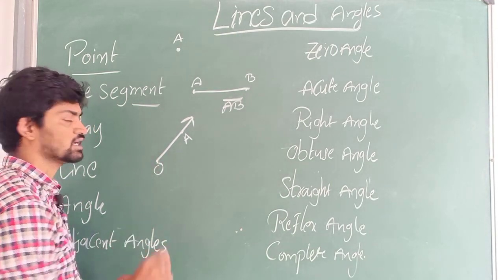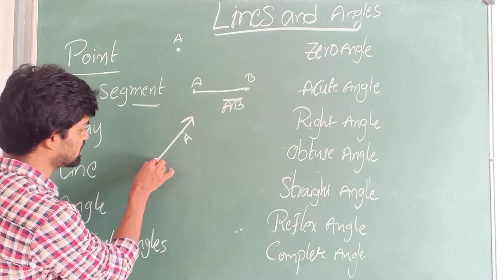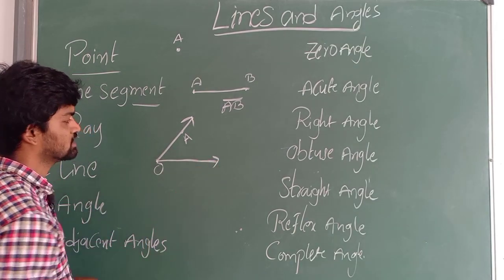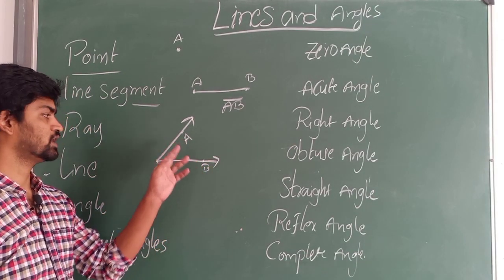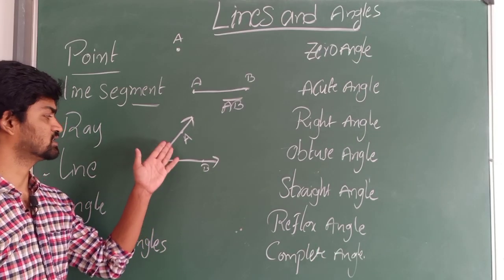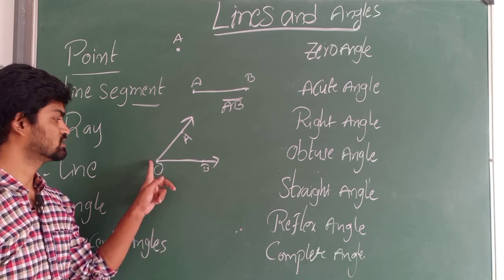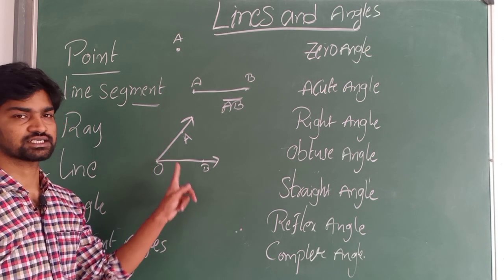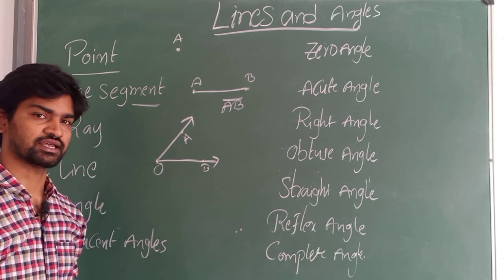Now, if one more ray is starting from here, let it be OB. OA and OB are called co-initial rays because they started at the same initiating point. Initiating is nothing but starting. From one point only they are starting. So these two rays are called co-initial rays.